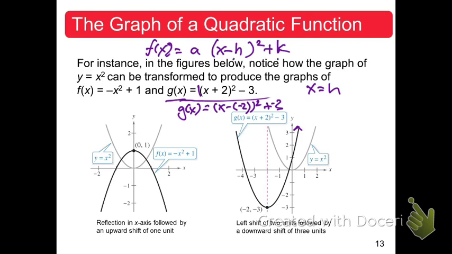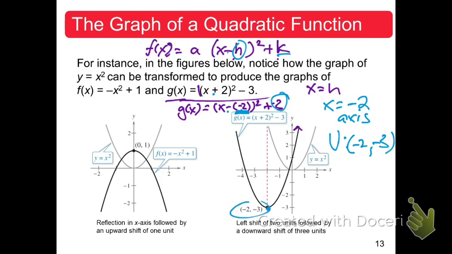Okay, and so since I have that, I notice that my h is actually a negative 2. So when I see this positive here and it's negative, I know it's minus a negative 2. So x is equal to negative 2 is my axis. Okay. And then my vertex is the h value, which in this case is negative 2, and our k is plus a negative 3, so it's negative 3, which is verified by the vertex that we found when we were doing our shifts.